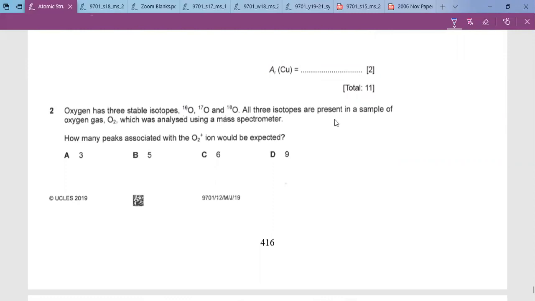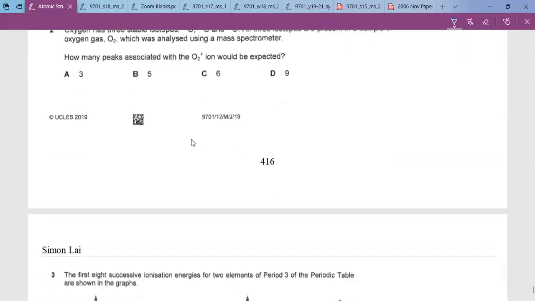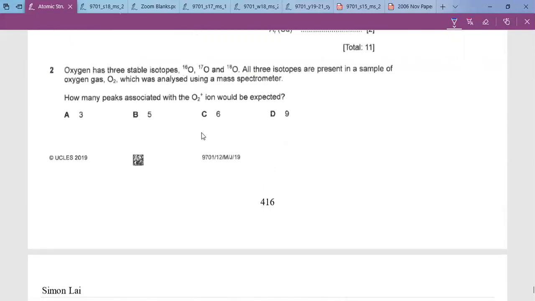All 3 isotopes are present in the sample of oxygen gas, O2, which is analyzed using a mass spectrometer. How many peaks of O2 plus are there? Remember, you can work it out. So 3 different isotopes, of course.